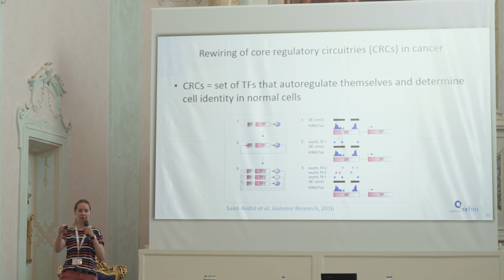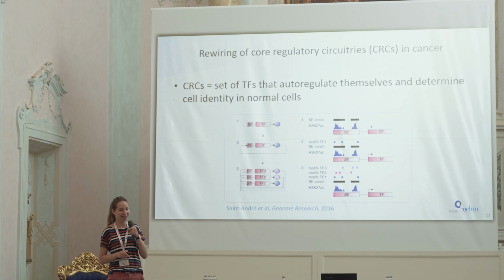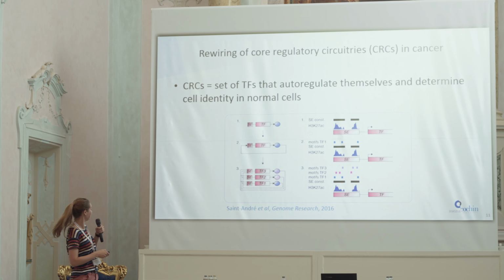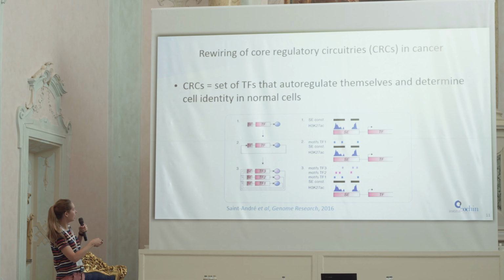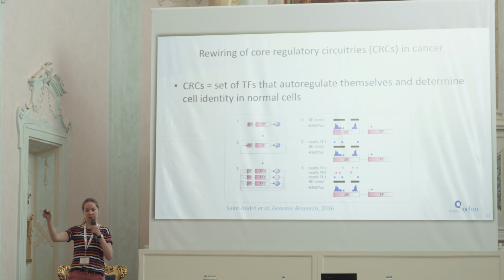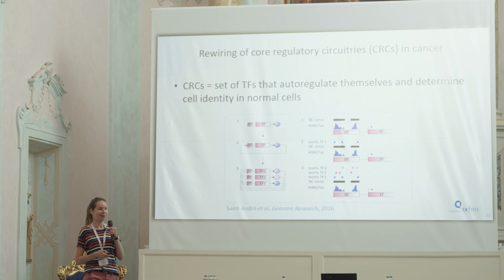Each transcription factor binds to its own super enhancer and, in most cases, activates its own transcription. All transcription factors in this set of the CRC have these properties. Moreover, they have binding motifs for all transcription factors in this list. So they all bind to each other's super enhancers and activate each other. So it's a regulatory clique, if you want, in the regulatory graph.